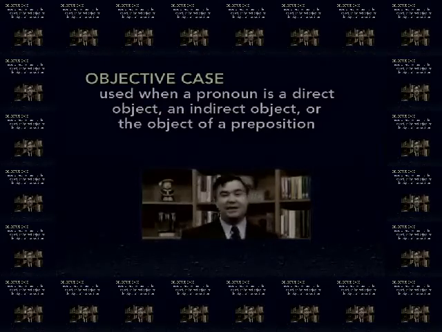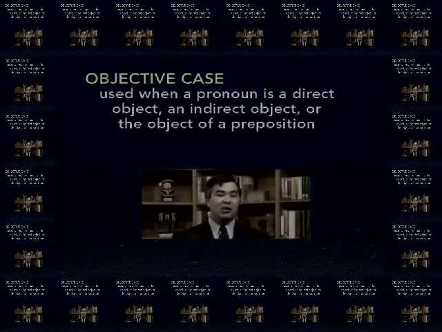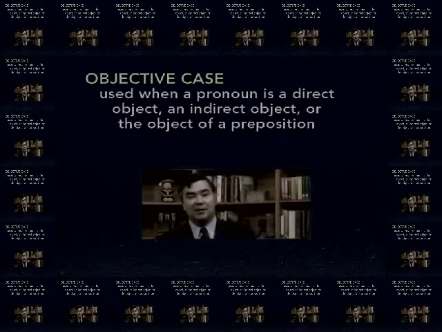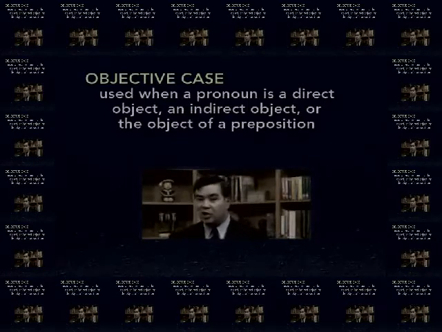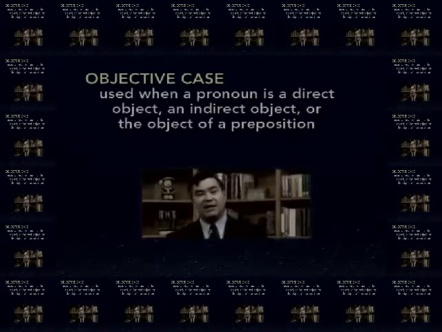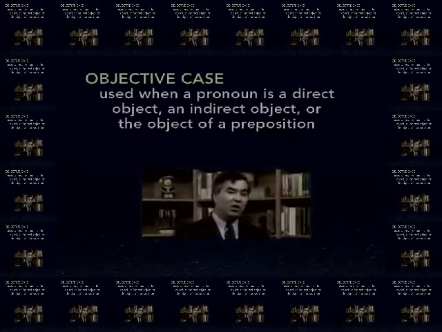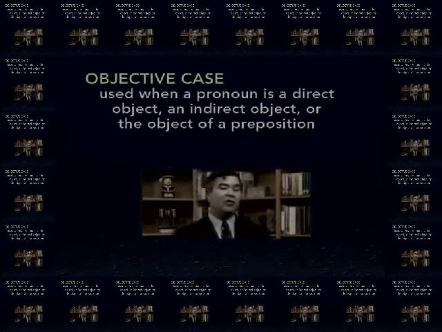In those sentences, if a pronoun happens to be the direct object of the verb, it should be in the objective case. Similarly, an indirect object that happens to be a pronoun should also be in the objective case. You'll recall that an indirect object tells who or what the action of the verb is being done to or for.